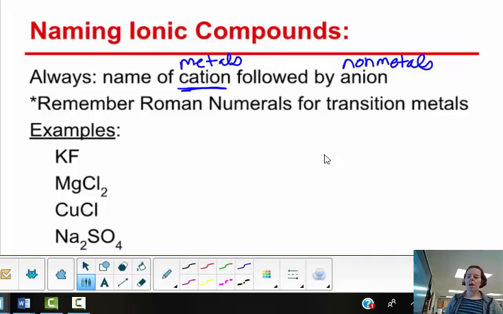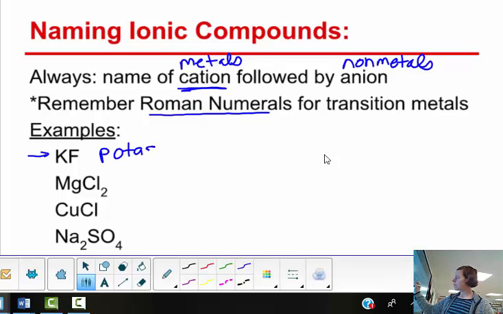Okay. And then Roman numerals, you need Roman numerals for transition metals. So in a previous assignment, you already talked about how to name ions. So if we look at this example right here, K is potassium. And remember, when you name cations, you just name its name. So K is potassium. Okay.